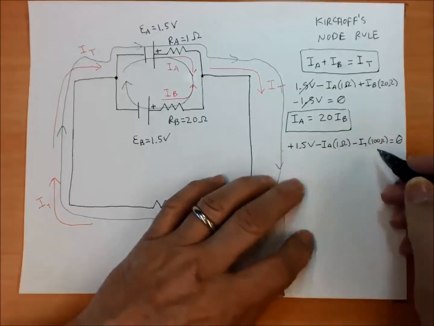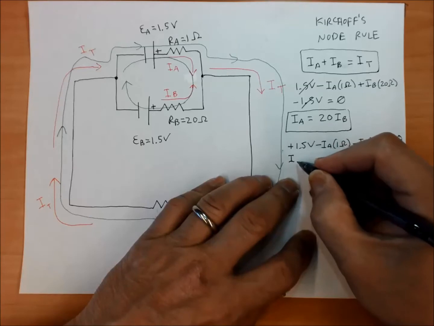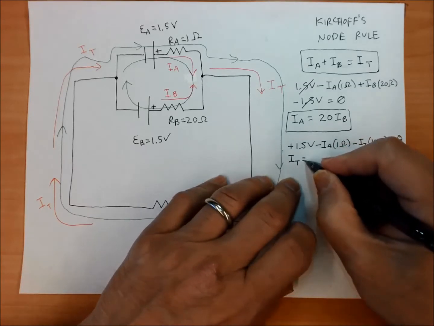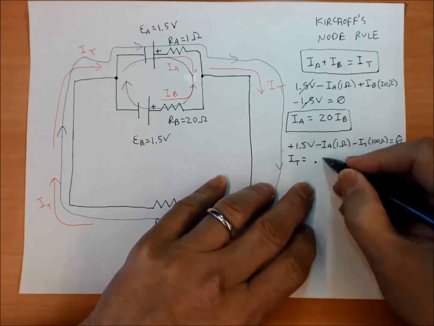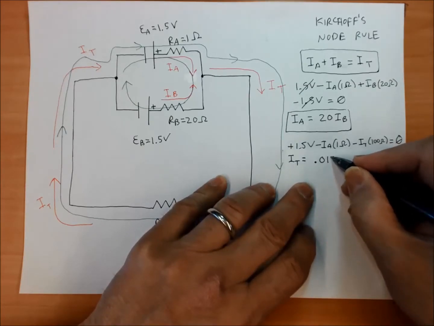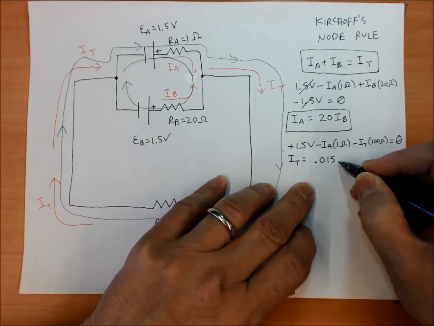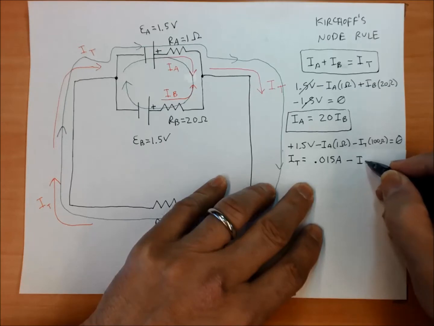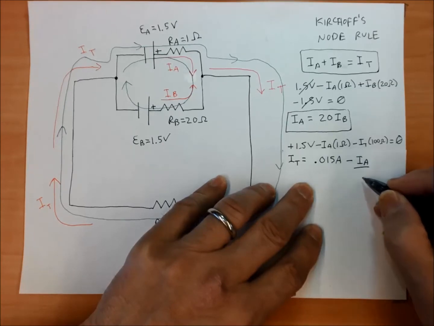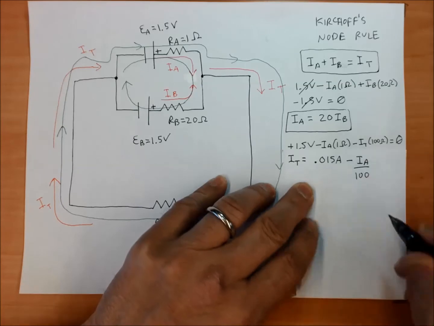And when I solve this for I total, what I get is I total is equal to 0.015 amps minus I sub A divided by 100.